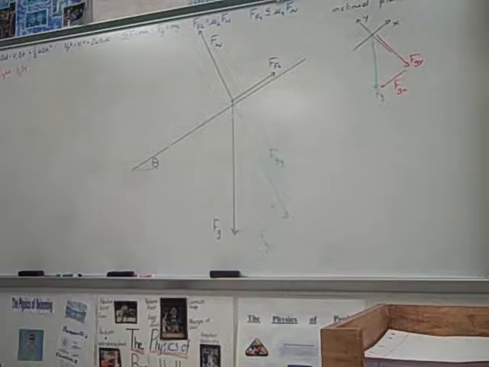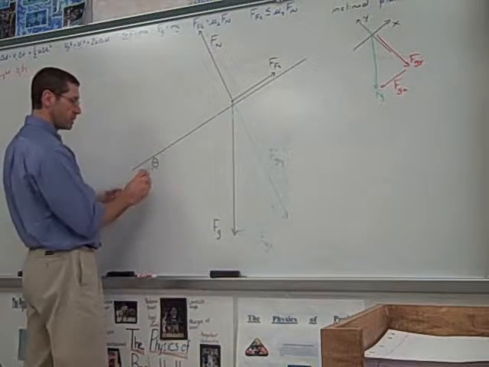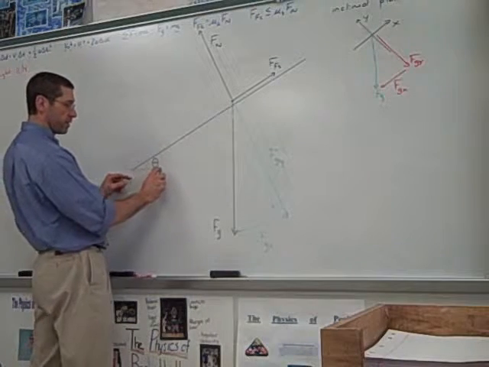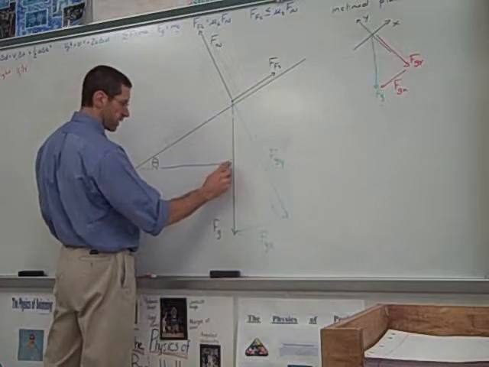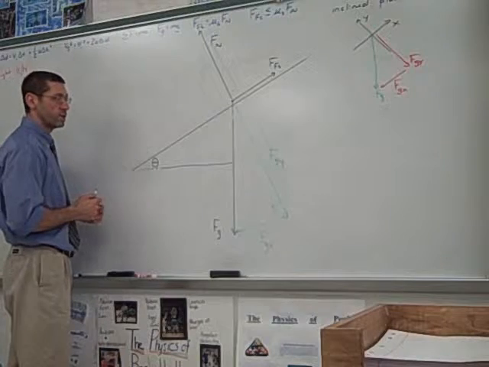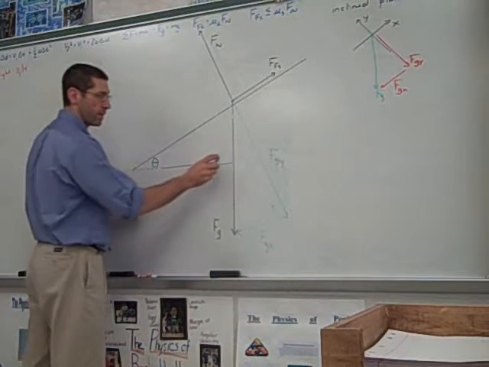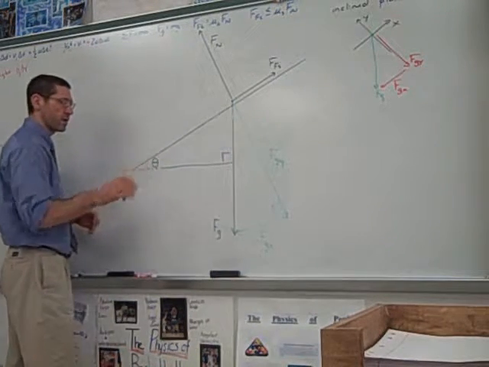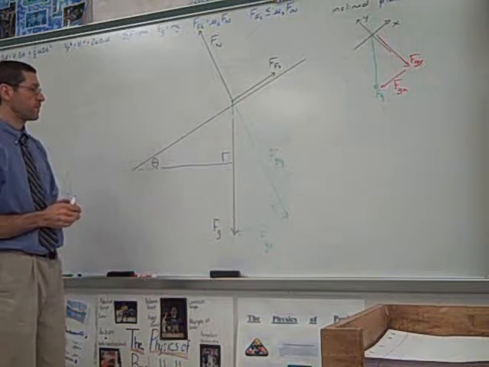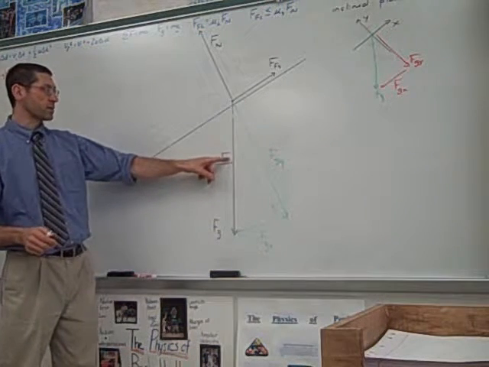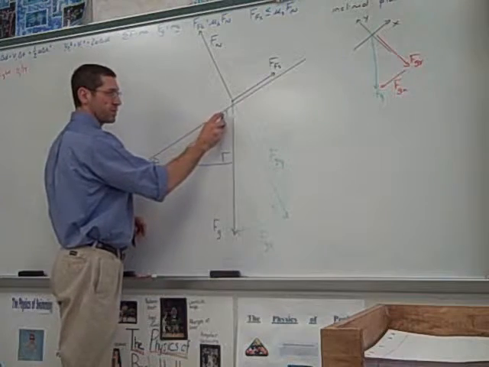Now you don't have to write this whole thing out because it's going to make your artwork a little bit cluttered. So just follow it and then I'll give you the last piece. So I'm going to draw a line parallel here, or I'm going to continue this line. And when I do that, I form a triangle here, and that makes an angle of 90 degrees. So this is 90 degrees, and now let's focus in on this angle right here.